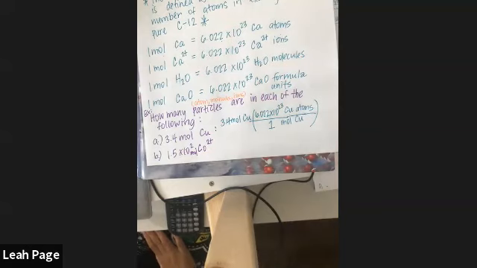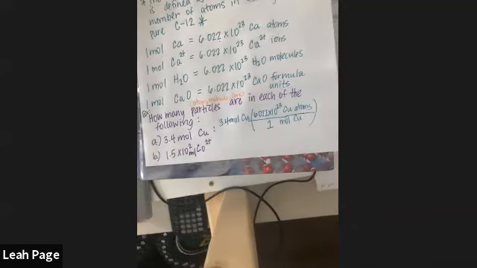Now we have to practice putting this in our calculator because we have to remember how to use the EE button so we make sure we get the same answer. So let's pull out our calculators and try to do this.